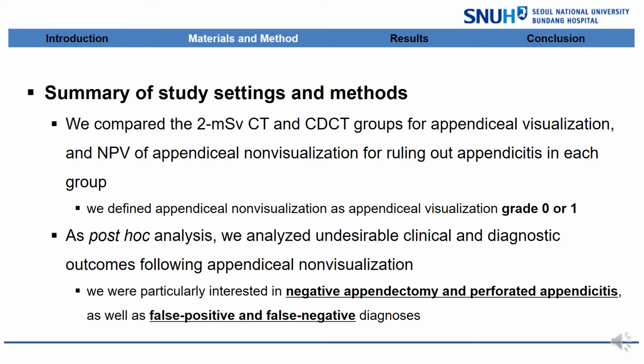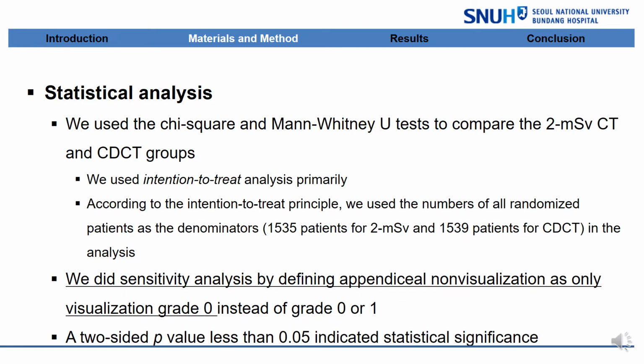As post hoc analysis, we analyzed undesirable clinical and diagnostic outcomes following appendiceal non-visualization. We were particularly interested in negative appendectomy and perforated appendicitis, as well as false positive and false negative diagnosis.